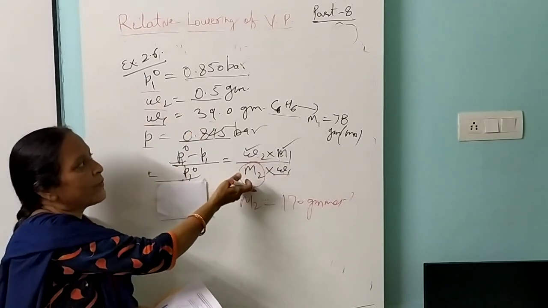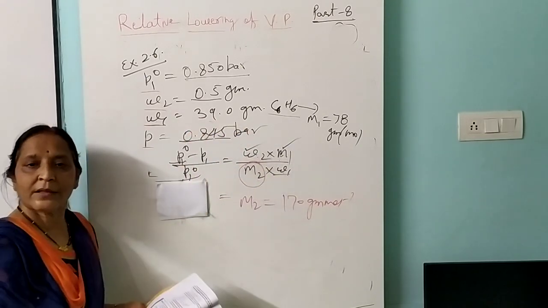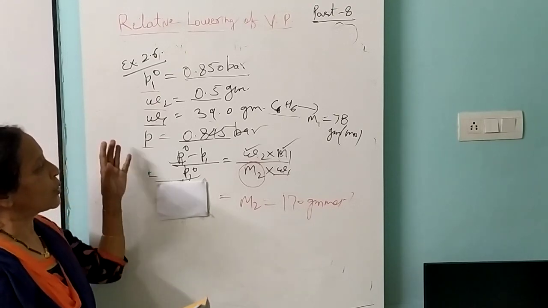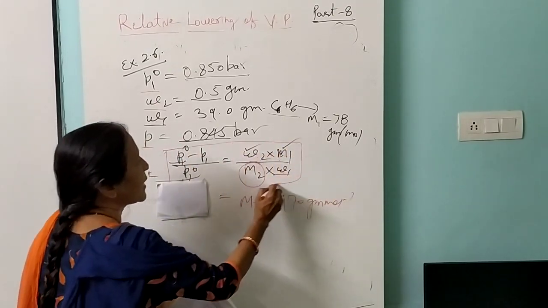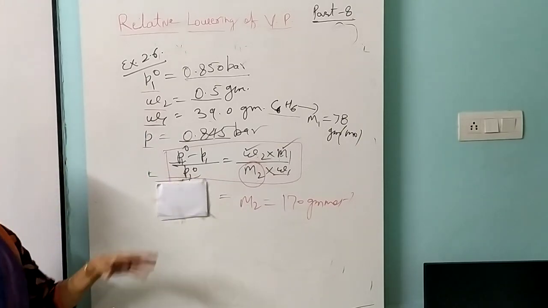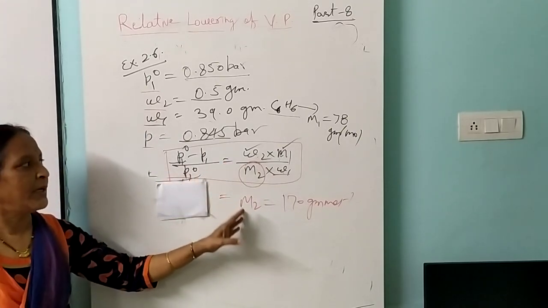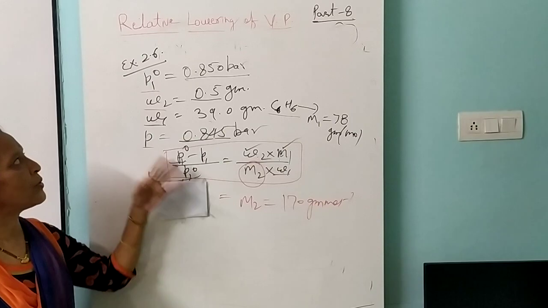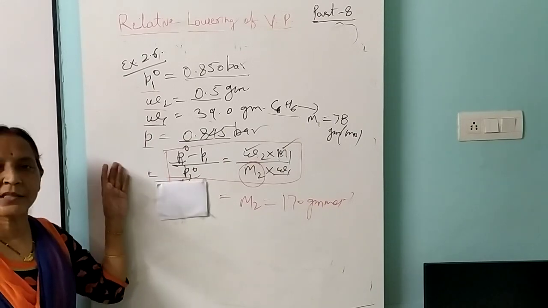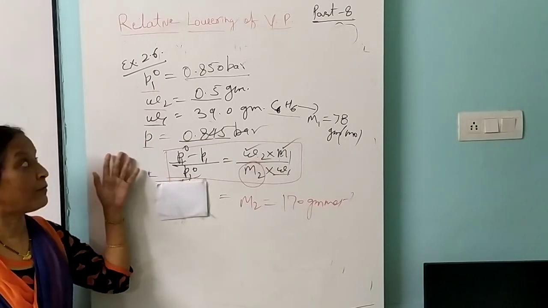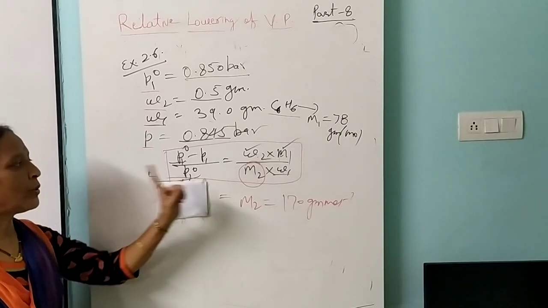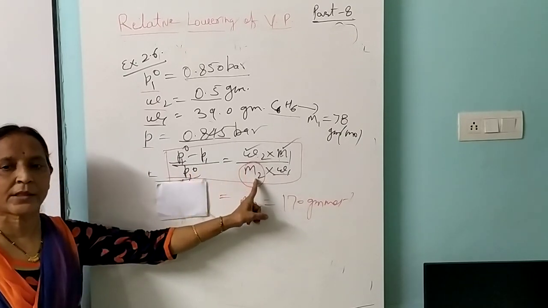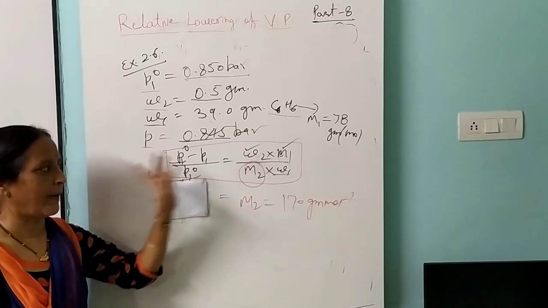Easily at last, whatever is left, you know the meaning of that word. Remember, with this formula, relative lowering in vapor pressure, we can calculate molar mass. In our exercise also one sum is there, and this sum is also asked even in competitive exams. So we only have to remember the correct formula.